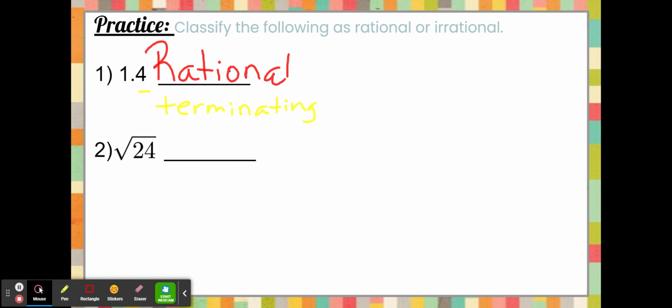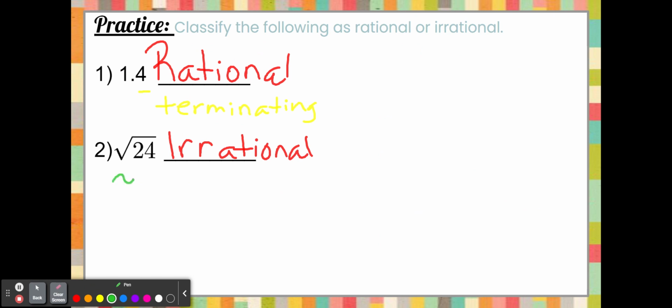The next number is the square root of 24. Well, if I put in Desmos the square root of 24, I will get a decimal. And that indicates that it is a non-perfect square root. And non-perfect square roots are irrational because the square root of 24 is approximately, if you put it in Desmos, around 4.8 or 4.9.